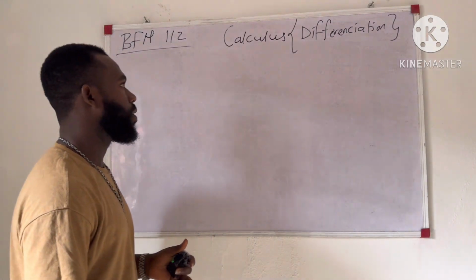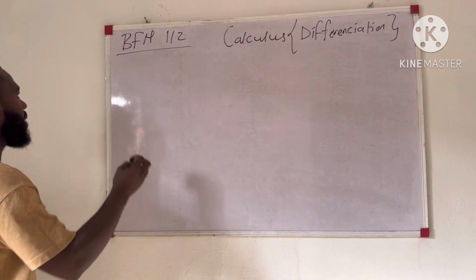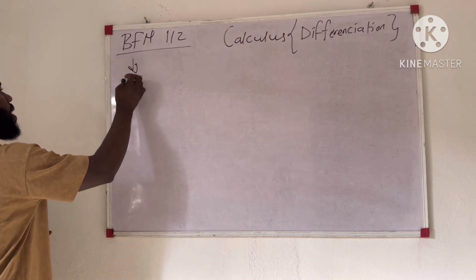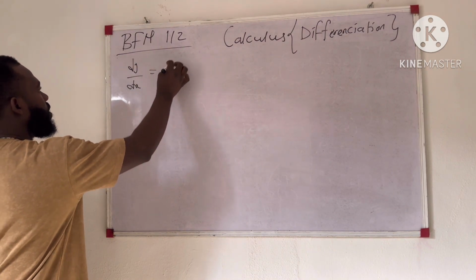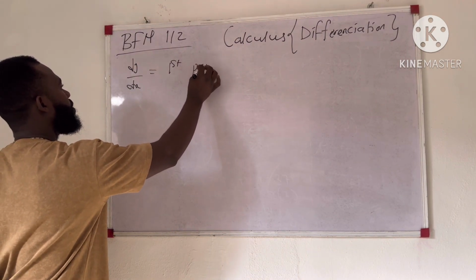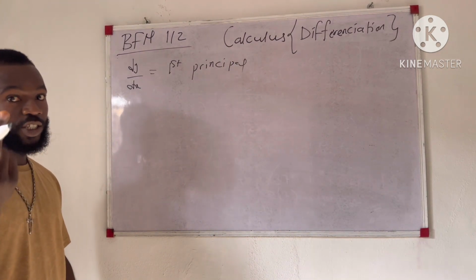Now before we proceed, differentiation can be represented by dy over dx. This dy over dx is known as the first principle, and it is gotten by differentiating just once.